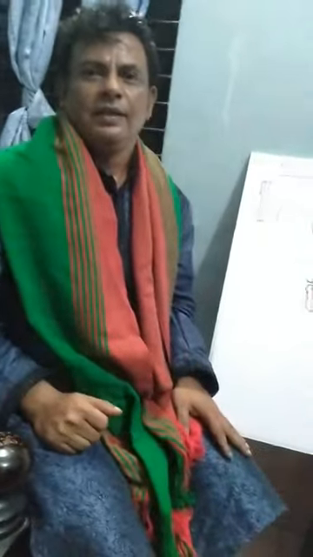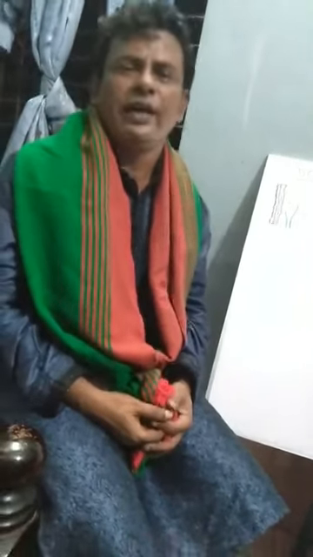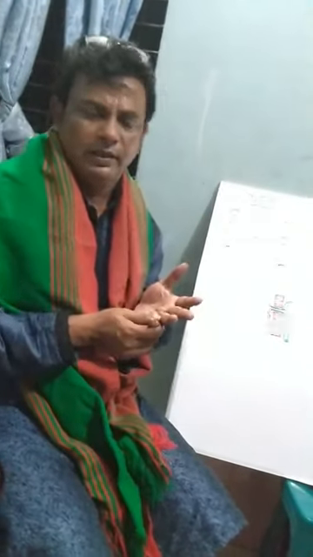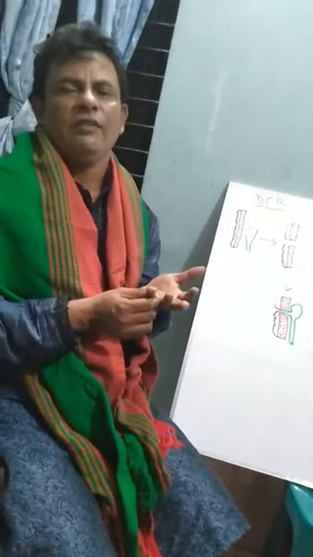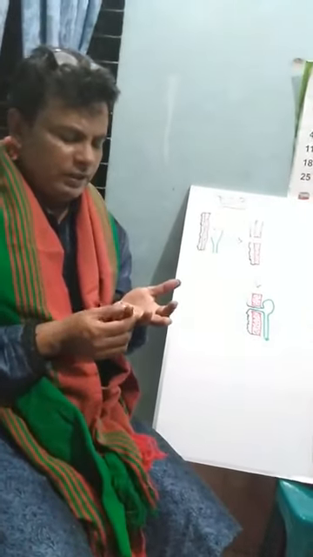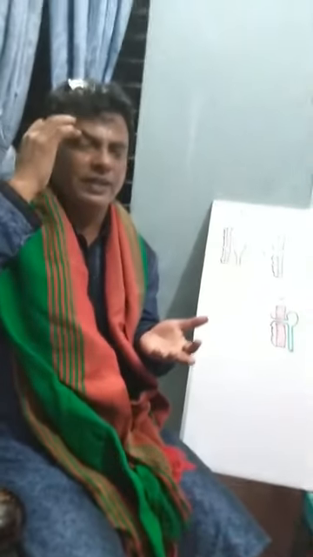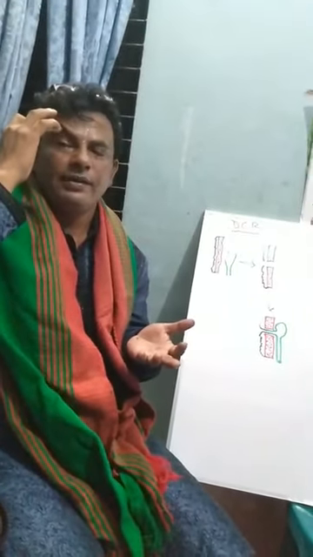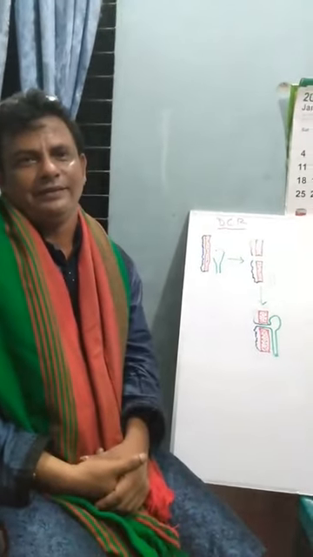So now it is called thyroid eye disease. Now, what are the manifestations of thyroid eye disease? Number 1, soft tissue involvement. Number 2, proptosis. Number 3, optic neuropathy. Number 4, lid retraction. Another one is restrictive myopathy.